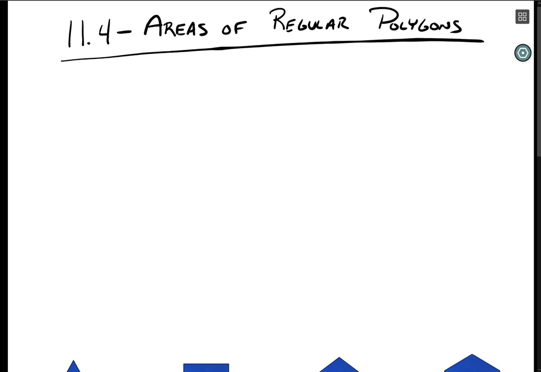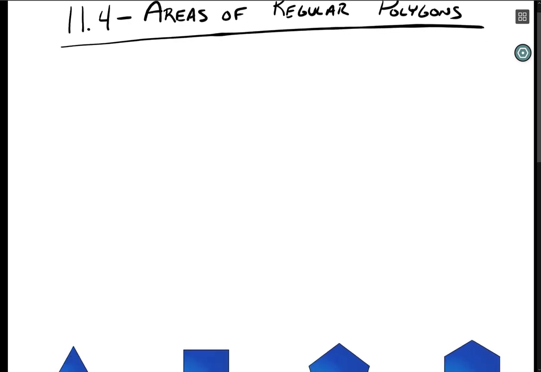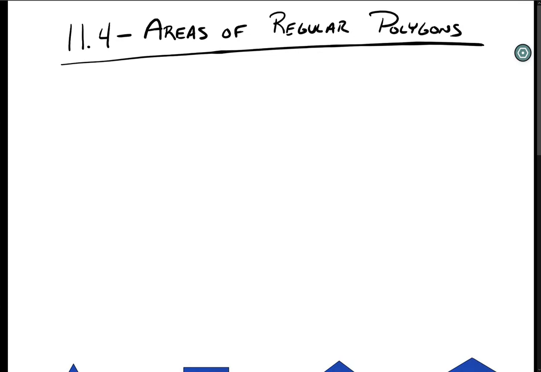Okay, areas of regular polygons. First of all, we need to know what a regular polygon is.